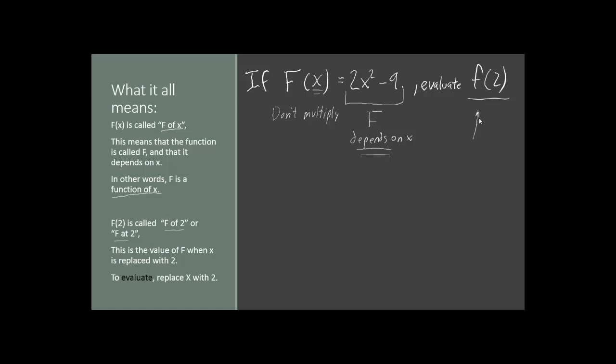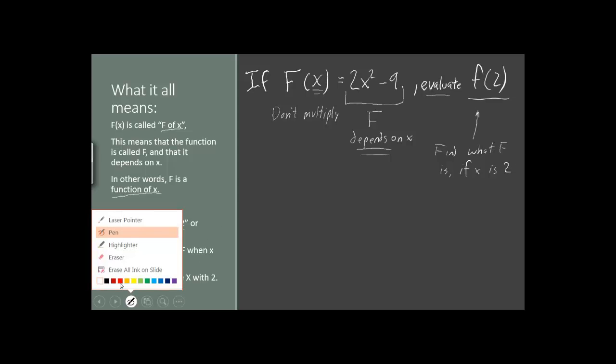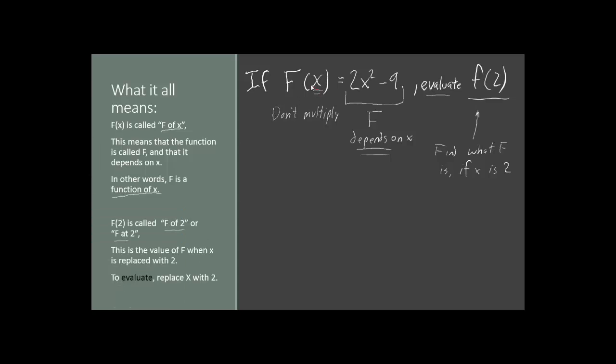What I'm really asking you to do when I say to evaluate f(2) is find what f is if x is 2. You might notice that the x that's in parentheses here now says 2.